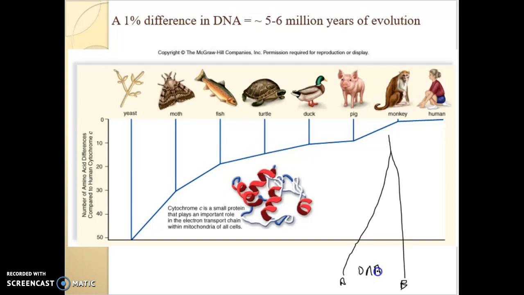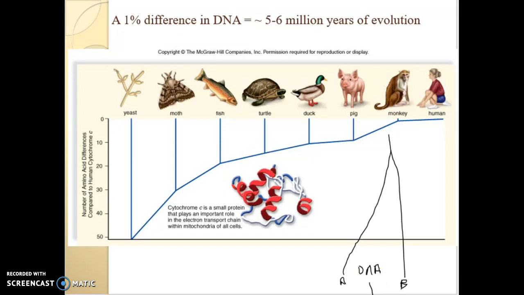What is the DNA difference? Or we could say similarity. If there's 1% difference between these two species, I think we need to go back about 5 to 6 million years and look at the fossil record. Is there a fossil, some kind of transitional fossil that is half A and half B, about 5 to 6 million years ago?